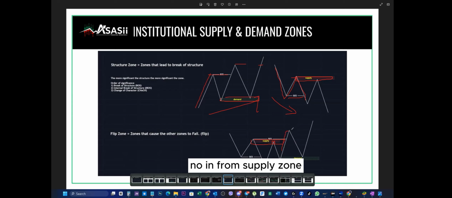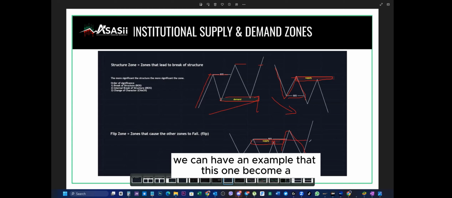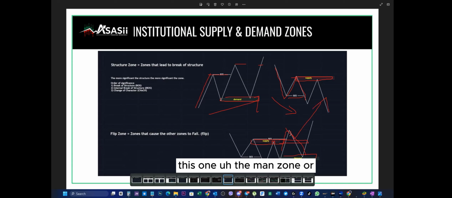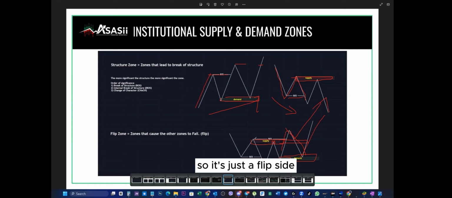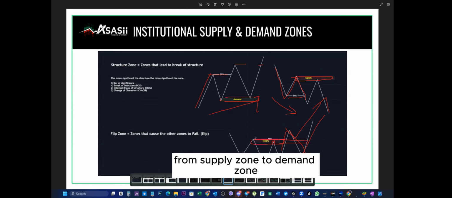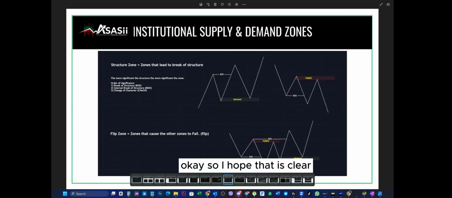And from the supply zone, you can see that we can have an example where this one becomes a demand zone, or maybe here another one becomes a demand zone. So it's just a flip side, it's reversed, structural, from supply zone to demand zone, from support becoming resistance. Similar to that. Okay, so I hope that is clear.